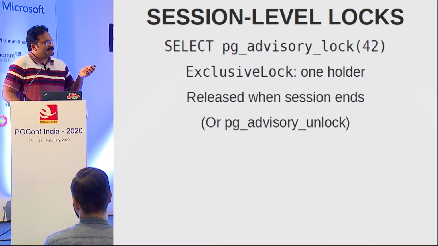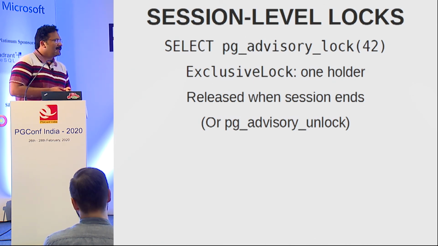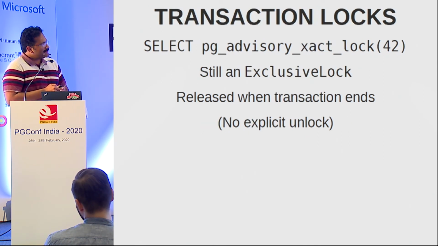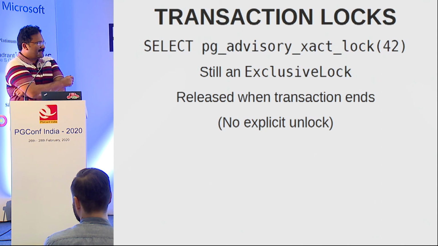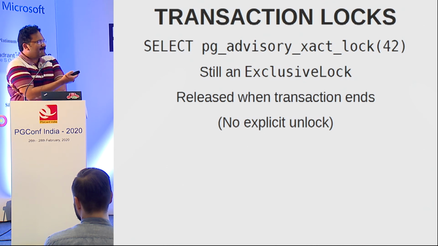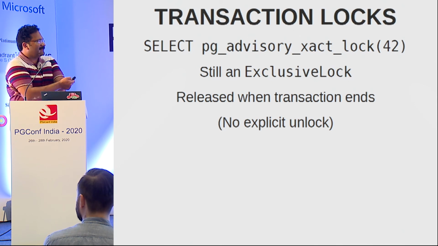There is also a pg_advisory_unlock function, which you can call explicitly to release the lock before you close your session, or whether you close it or not. But with transaction locks, there's no explicit unlocking. They work the same way as regular Postgres locks do. You acquire the lock with this function. It's still an exclusive lock, and when your transaction commits or aborts, it's released.